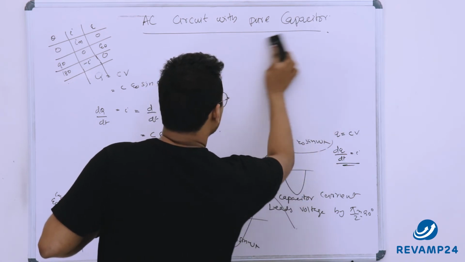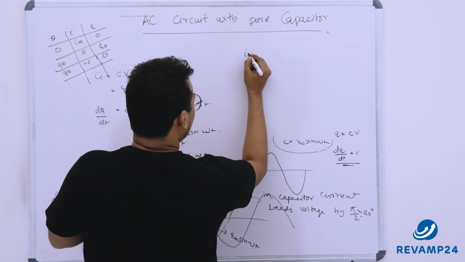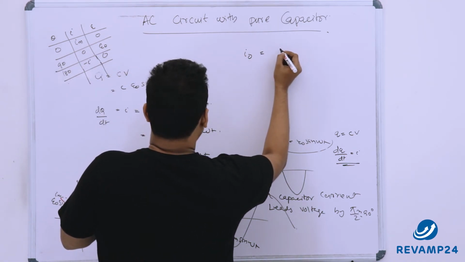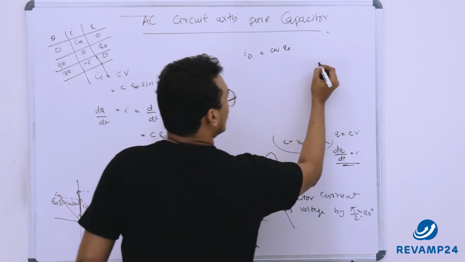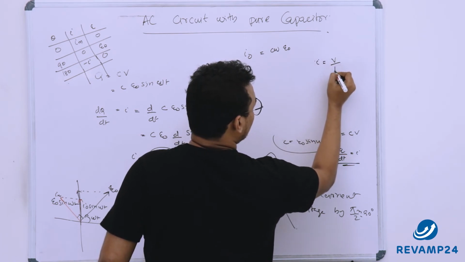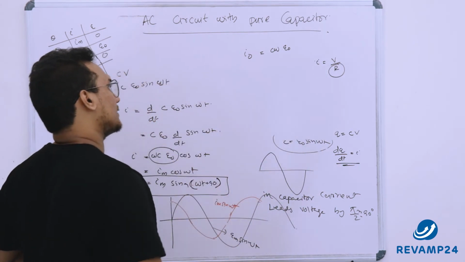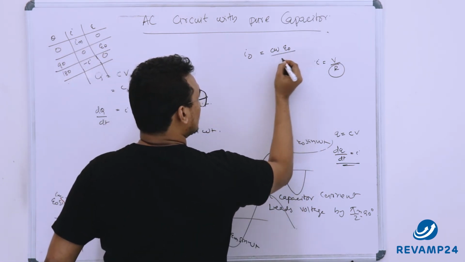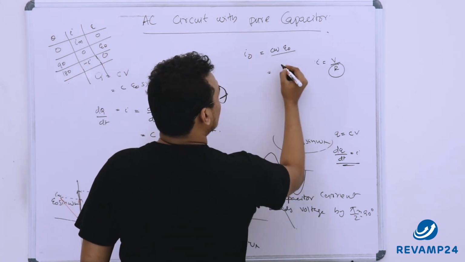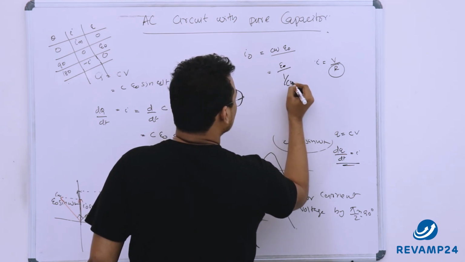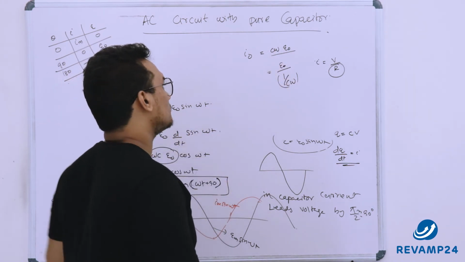So from here I know I0 or Im is equal to C omega into E0, and we know that I is equal to V by R. Now V divided by R, and this R would be my resistance or reactance, but we have nothing divided with E, we have something multiplied with it. So how to convert this into the standard notation? This can be E0 divided by 1 by C omega. It's the same thing, C omega will come to the numerator and it would be C omega E0.